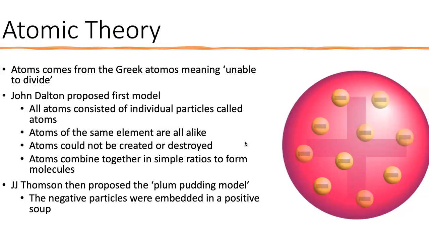So he decided that all matter consisted of individual particles called atoms. An atom of the same element was alike, so stuff that we still know. Atoms could not be created or destroyed, which is sort of true, although in a nuclear reaction we do tend to destroy them. Atoms combine in simple ratios to form molecules.